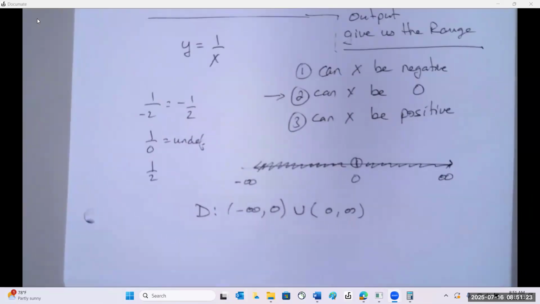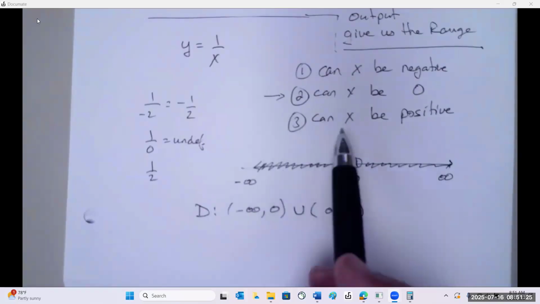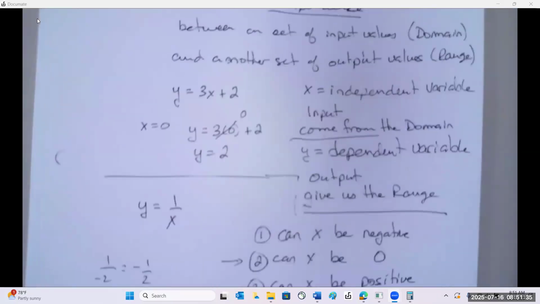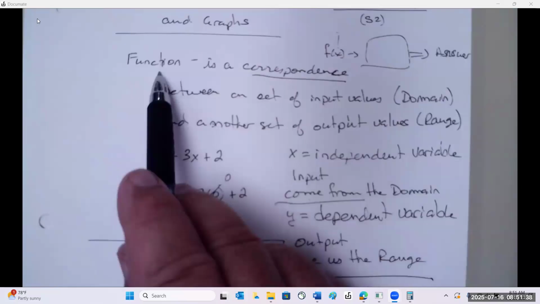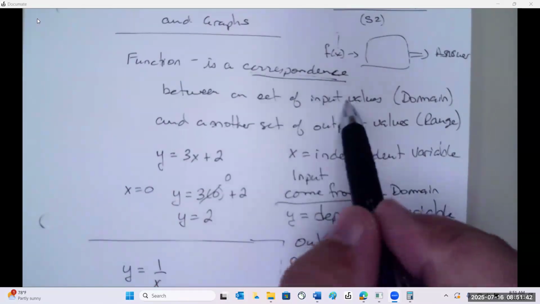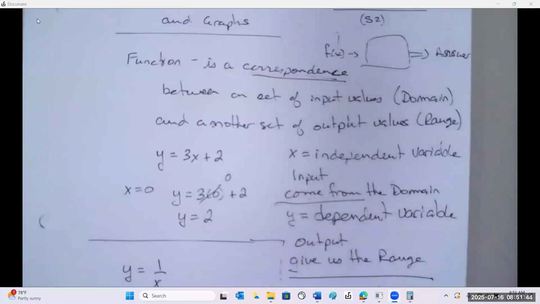All right, so that's the X is the input. Once I plug an X value in there, I work it out, and then it spits out a Y value. That's my output. That's the range. Those are the values that my answers become. Let's go back to the definition. A function is a correspondence between a set of input values and a set of output values.